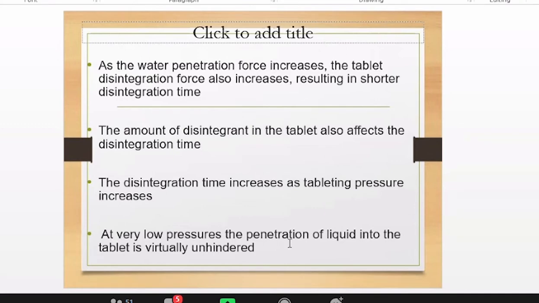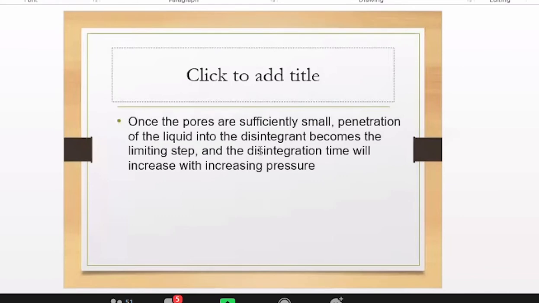At very low pressures, you have a lot of pores within the tablet. As a result, the penetration of the liquid is virtually unhindered. So once the pores are sufficiently small, penetration of the liquid into the disintegrant becomes the limiting step, and disintegration time will increase with increasing pressure.